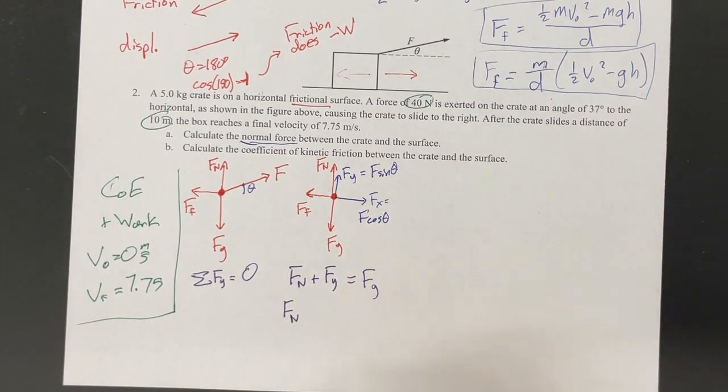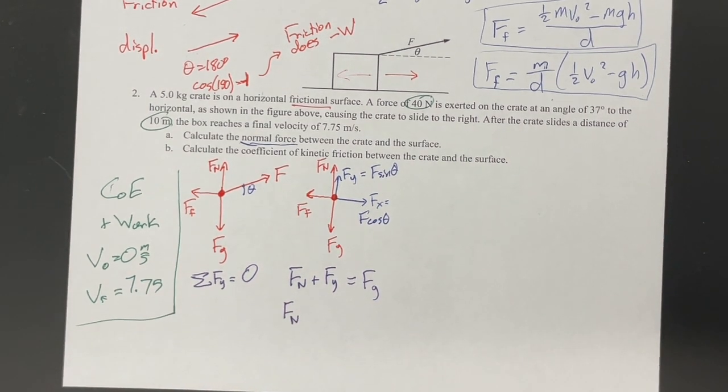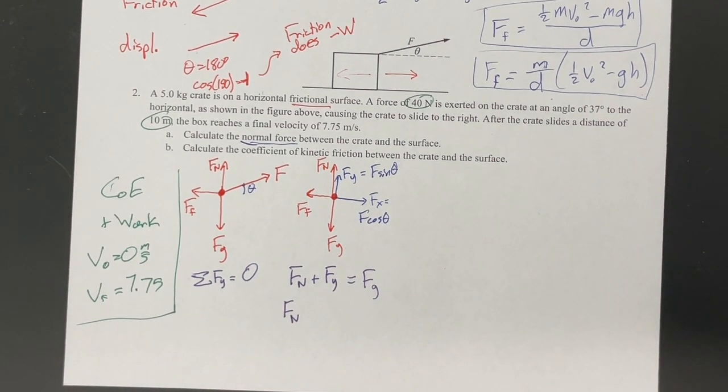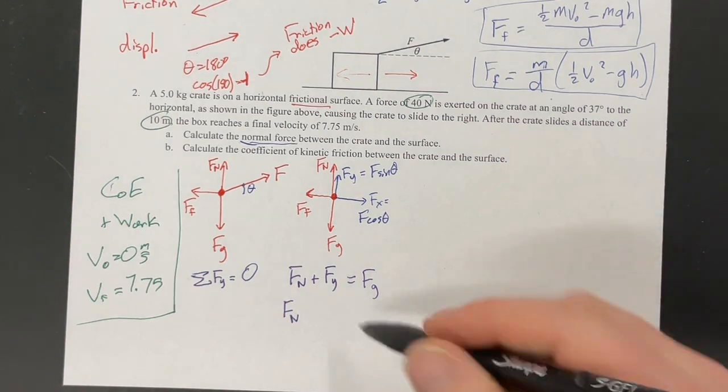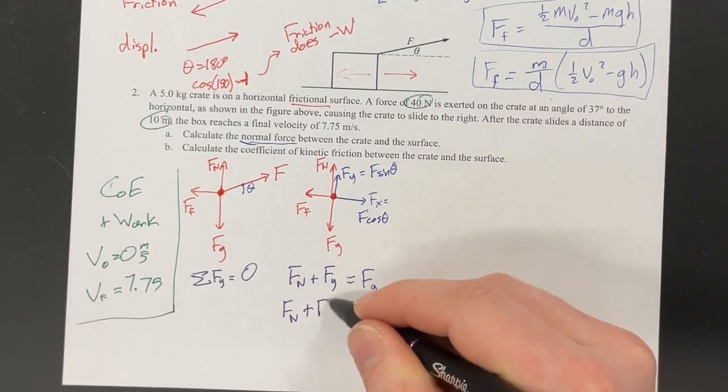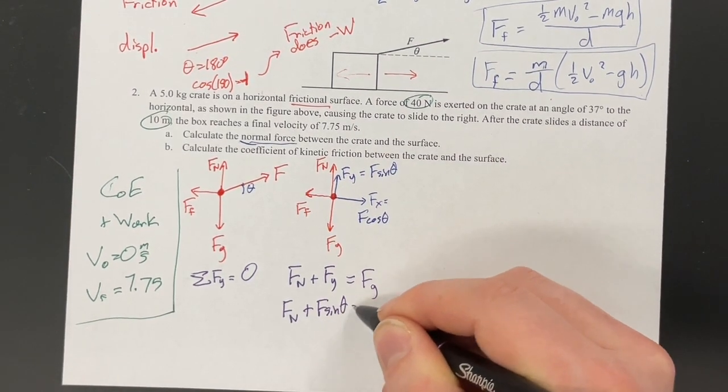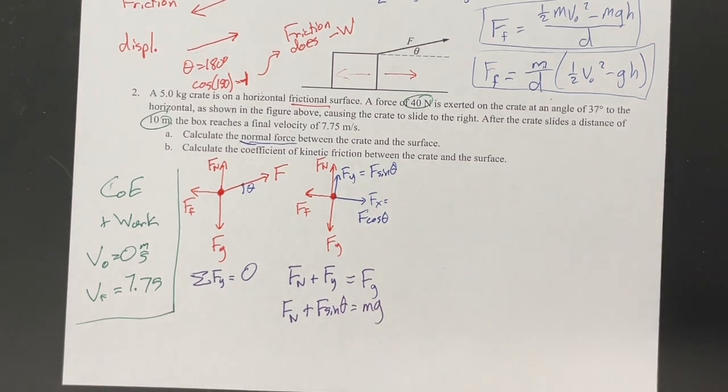Right, Fn is what we want to find. We can't plug in for it. Here's your reminder. Normal force can never be equal to force of gravity if there's an angle involved. And then Fy is F sine theta. Force gravity is mg.